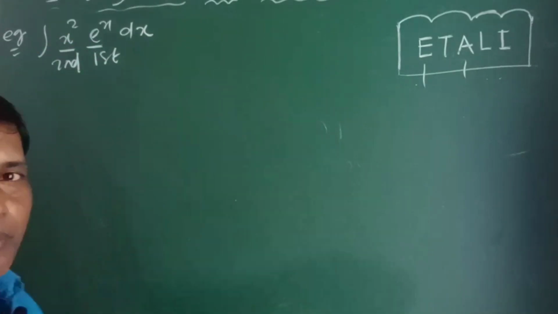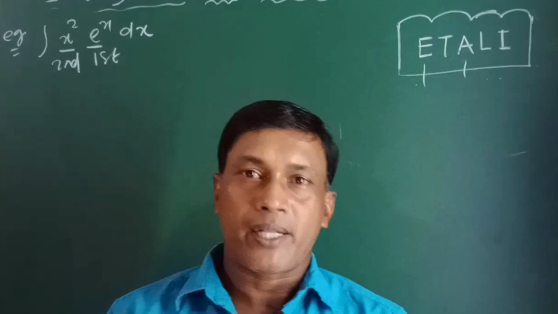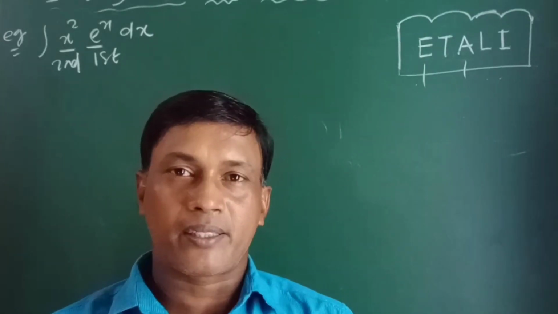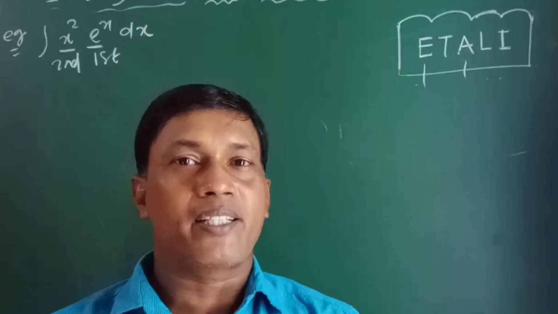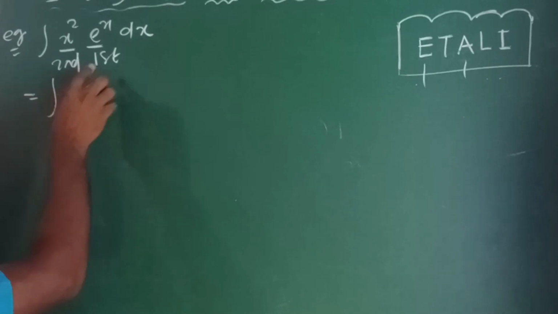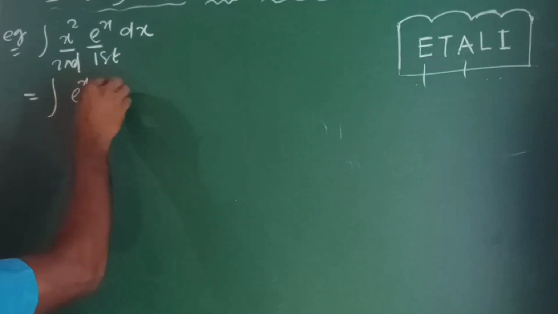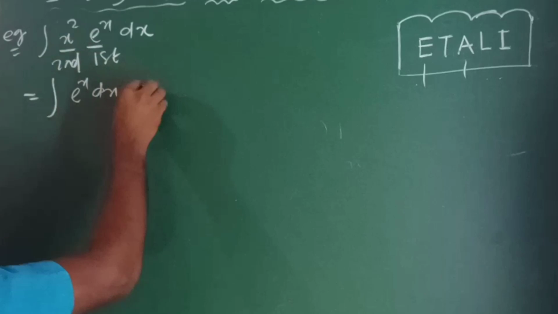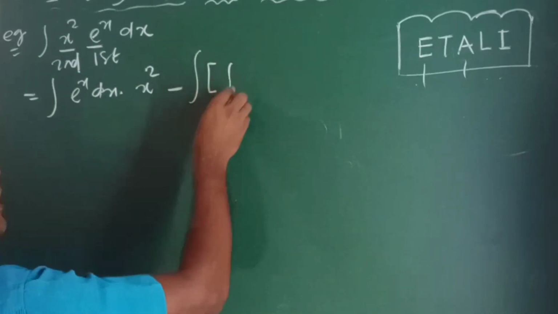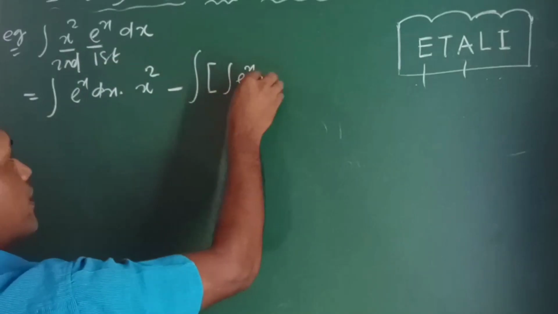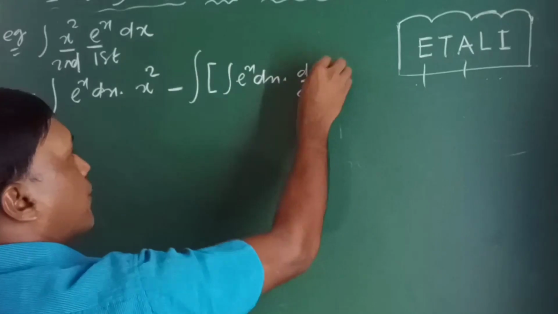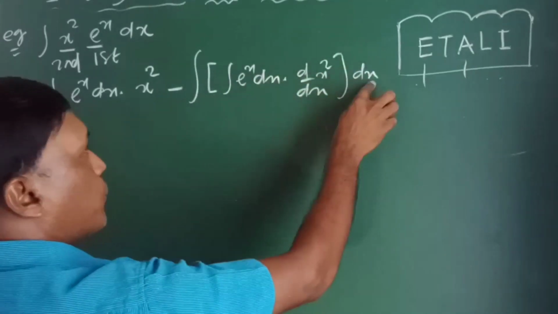Now we can apply the formula, and the formula for by parts is integration of first into second minus integration of first into derivative of second. So now the formula is integration of first, here e to the power x, into second, which is x square, minus integration of first, e to the power x, into derivative of second, x square, with respect to x.